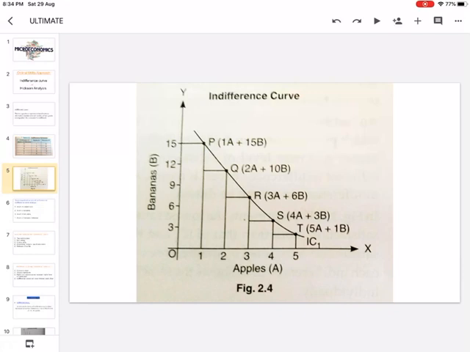So when we join all these points, what we get is an indifference curve. Okay, so an indifference curve basically shows the various points of combination of two goods giving same satisfaction to the consumer.